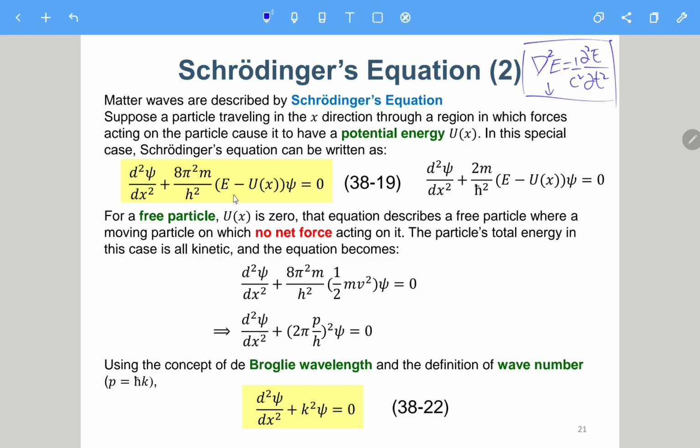E is the energy. Usually it refers to the kinetic energy of the particle. Although this is using E, and also in chapter 37 we also use E, but in chapter 37 we use E for the total energy, including the rest mass. So don't get mixed up.